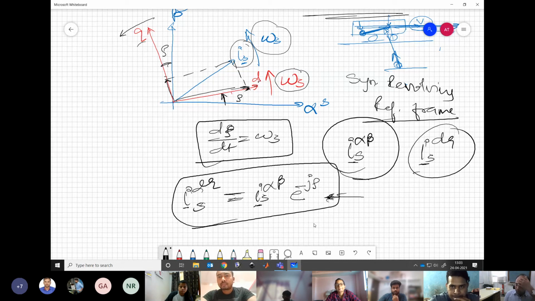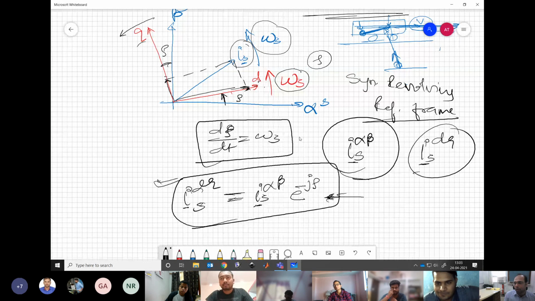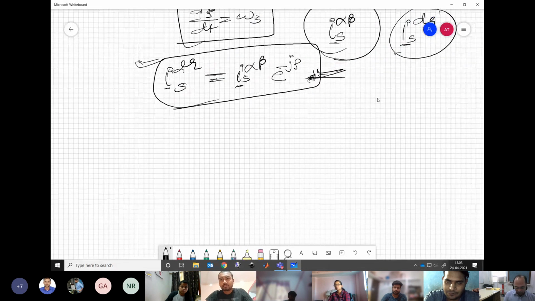Understood my point? You can expand, you can go and compute what the projections are, how it is coming, all that you can do. There is no problem. You will ultimately come down to this. What thumb rule we have found: from the native reference frame to the new reference frame, what is the angle in the counterclockwise direction? That's all. So this is how we can transform every quantity into our new reference frame. So for example, if we have to write our current in the new reference frame dq, we can write like this.